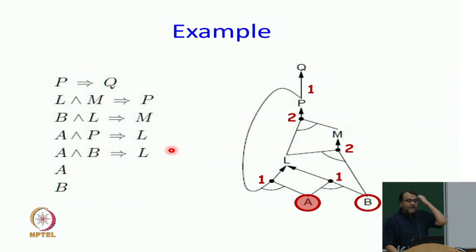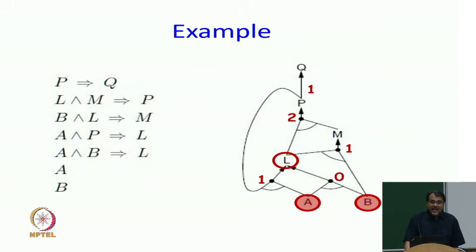Then I pop B, and now both the things of this antecedent are satisfied. Because both are satisfied, now I can prove L. Because I can prove L, I put it in the queue. And I repeat this process.